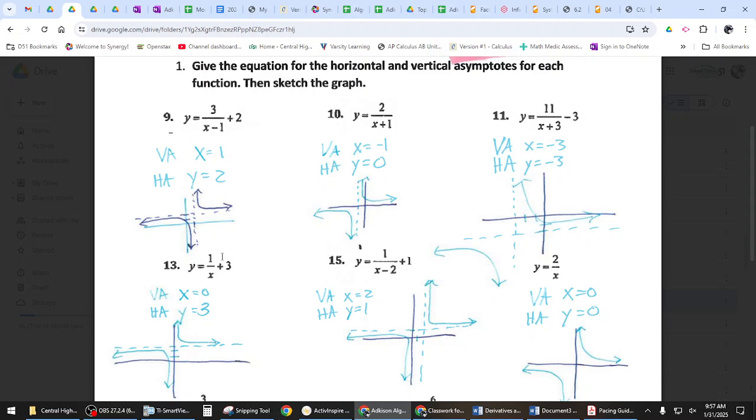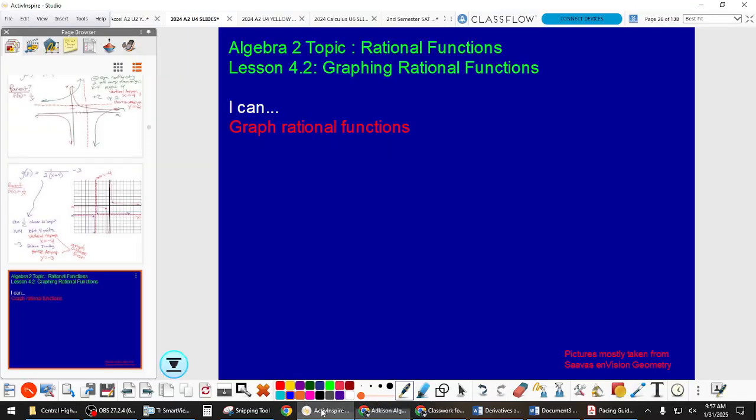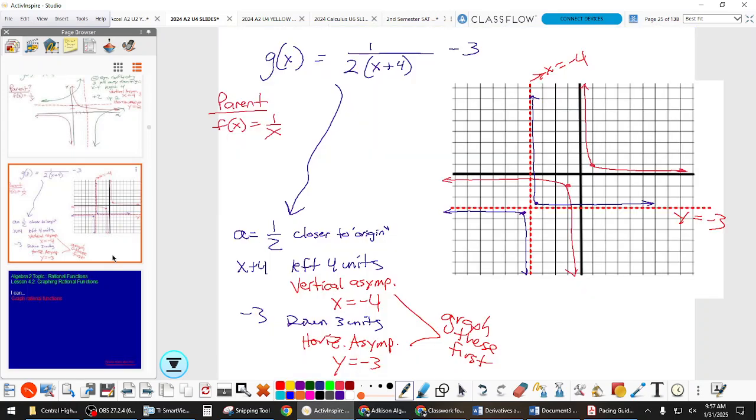Oh. Okay. So guys, in terms of clarifying what I mean by pulling away. Take a look at what we had. The pink one is just parent 1 over x. The purple one is 1/2. A is 1/2. So what I meant when I said it pulls farther away or closer is diagonally out from the origin.